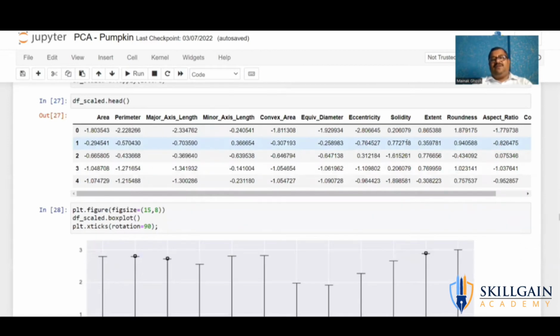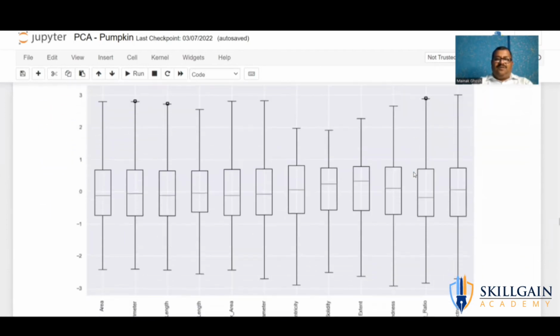So all the individual cells have been standardized with their corresponding column mean and standard deviation. It has been normalized. So if we put the box plots together, you see all box plots are aligned. That means every column is now normalized and they don't have any bias in significance on the components.